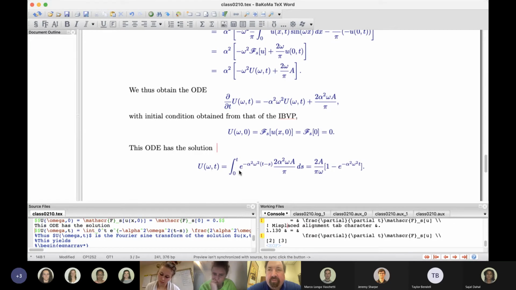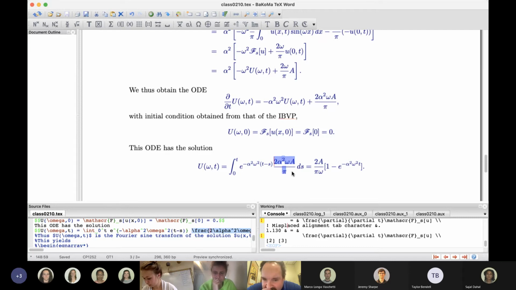This is the kind of solution formula that we saw last time for non-homogeneous PDEs. It's the same integral formula being used here. So now we can evaluate this integral. All of this is just a constant, so we can pull that out.